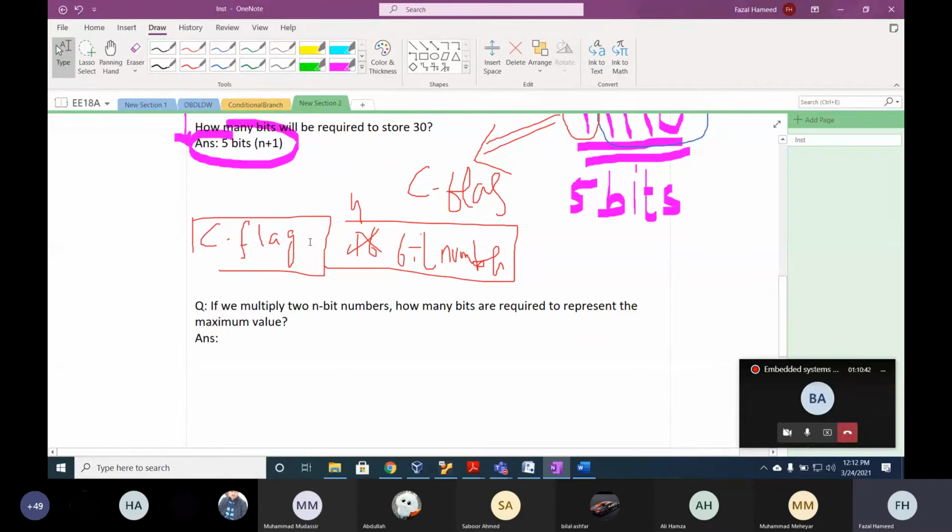If you multiply two n-bit numbers, how many bits are required to represent the maximum value? Any thoughts?